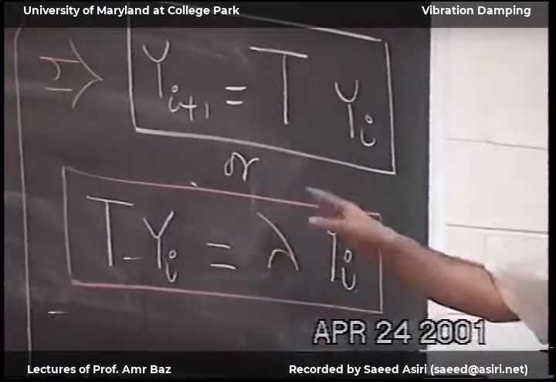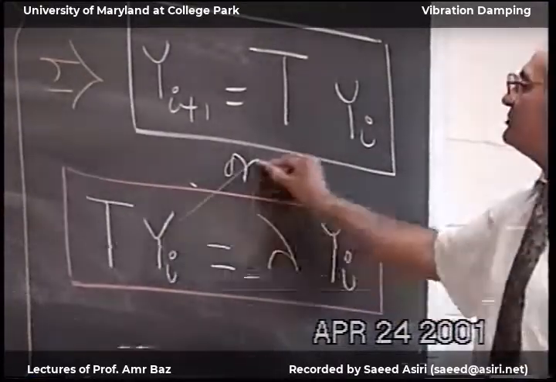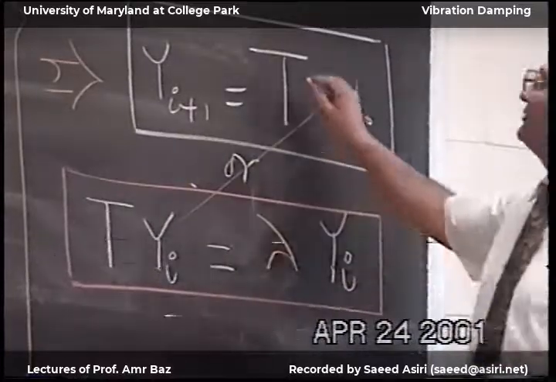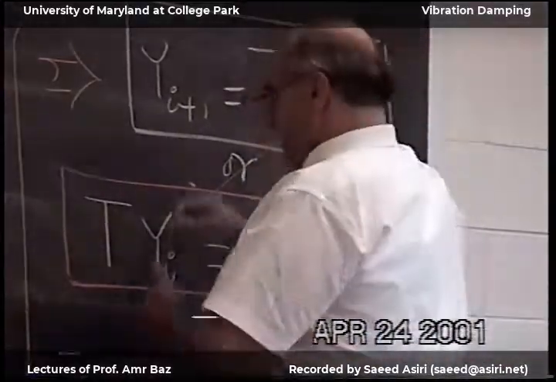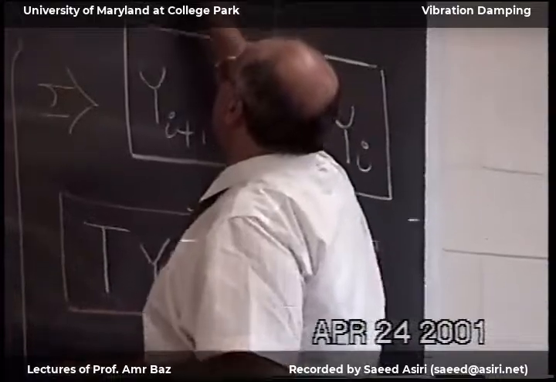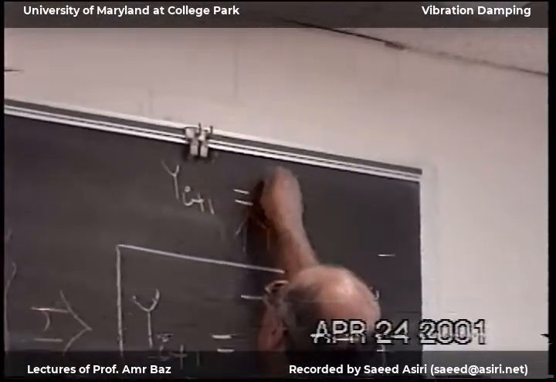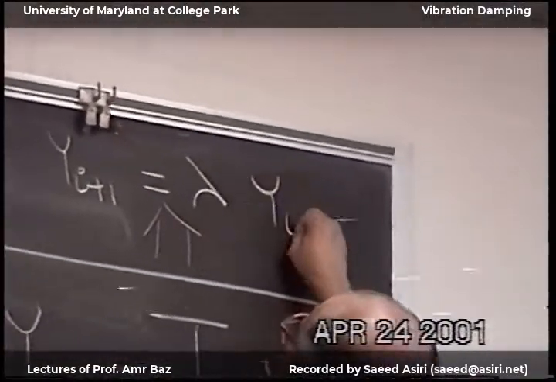Now I'm combining these two equations and I'll eliminate these two terms. So the result will be y_{i+1} = lambda y_i.